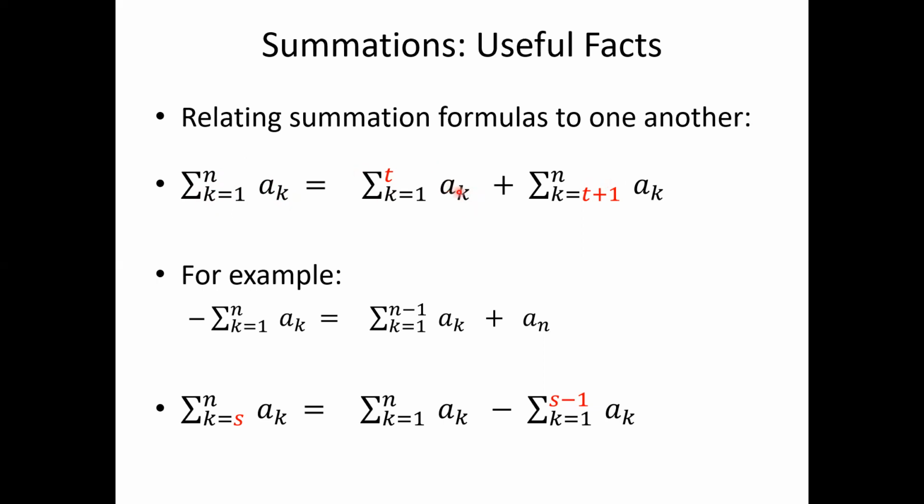You can sum from the first one to some arbitrary midpoint of your choice, and then separately sum over the same formula from that midpoint plus 1 to the end, right? This is just the sum of the terms from first to t. This is the sum from t plus 1 to n. So altogether it is the sum of all terms from 1 to n. One example we have already seen is the recursive notion of this summation: the summation up to the nth term is the summation up to n minus first plus the last.